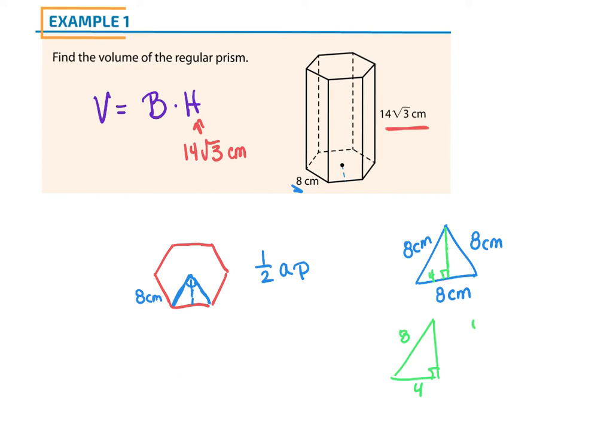So I would say 4 squared plus my apothem squared is going to equal 8 squared, right? Pythagorean Theorem works here. There may be times when you have to use special right triangles, which you can if you desperately love special right triangles. Yes, it's going to be 4 square root of 3. So if you like special right triangles, you have a 30, 60, 90 triangle with a short side, which means you can use that if you remember it.